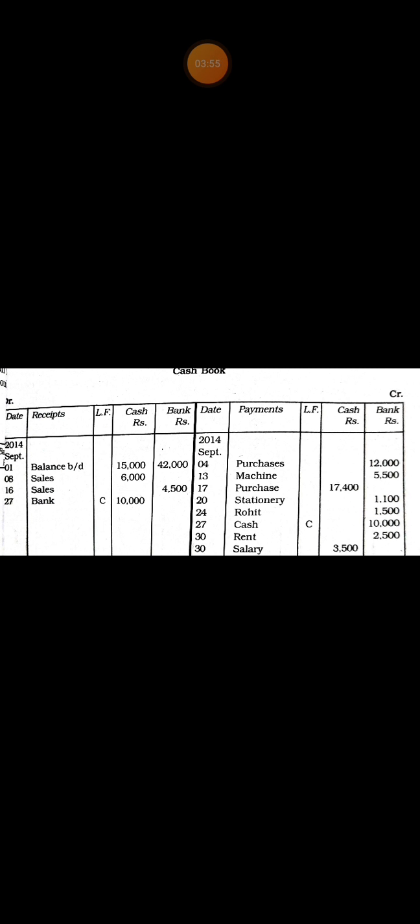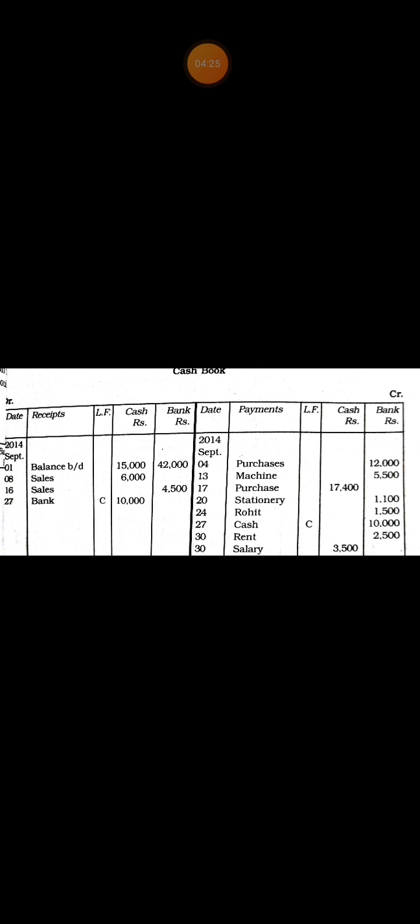So write the letter C on both sides in ledger folio column. Then September 30, rent paid by check. Rent paid by check is a payment. Write it on the payment side, bank column. Then September 30, paid salary. Payment of salary is a payment. Write it on the payment side.